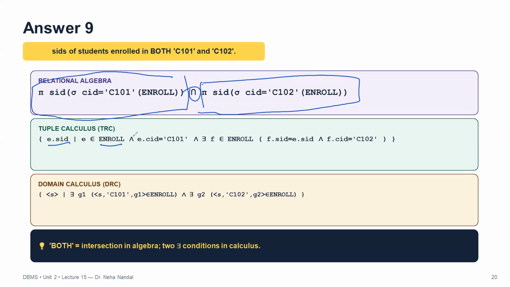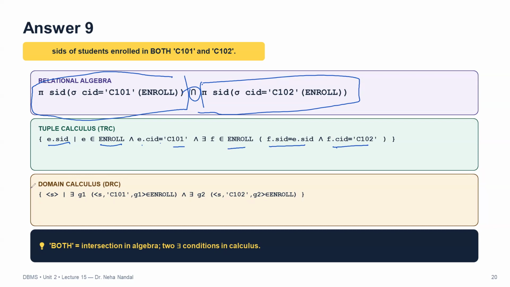E belongs to enroll and E.CID is 101 and there exists an F belongs to enroll where F.SID is E.SID and F.CID is C102. Okay, so that is the thing.